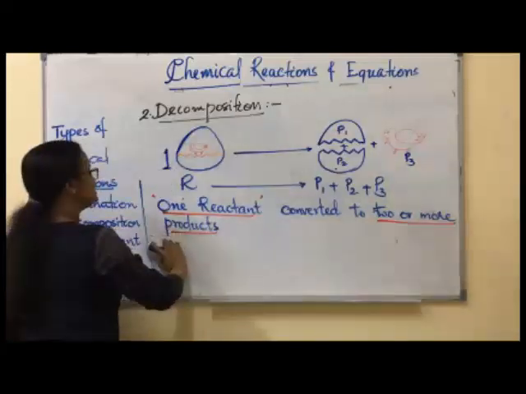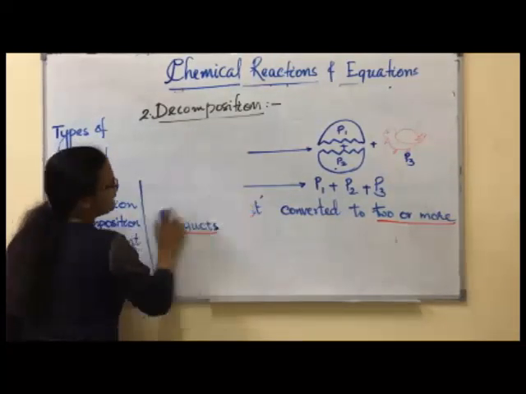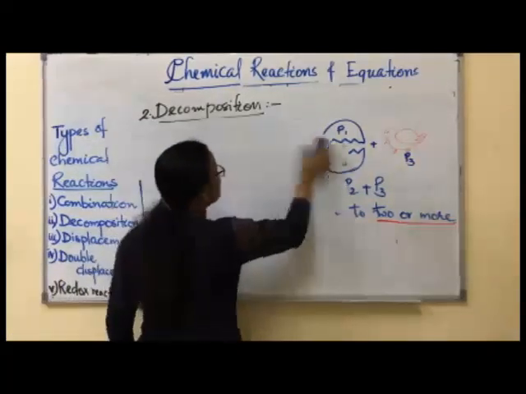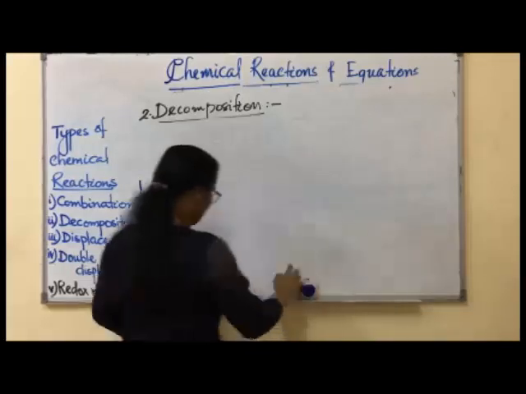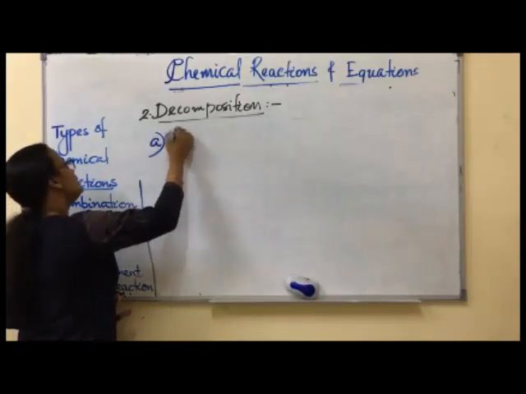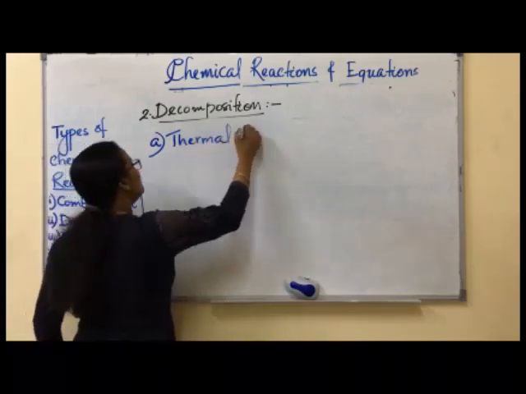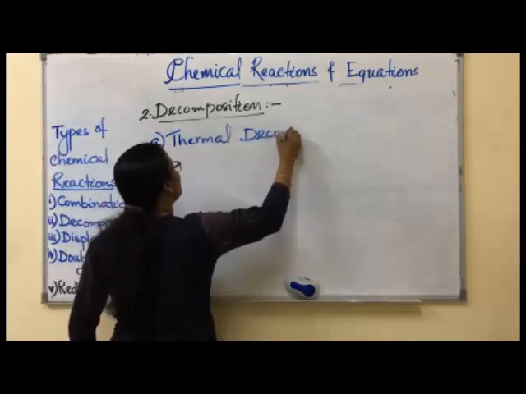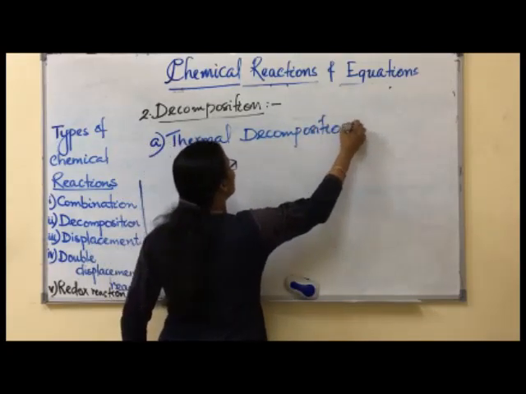When we are discussing decomposition reactions, there are 3 different types possible. The first type of decomposition reaction is thermal decomposition. From the word itself it may be clear to you.